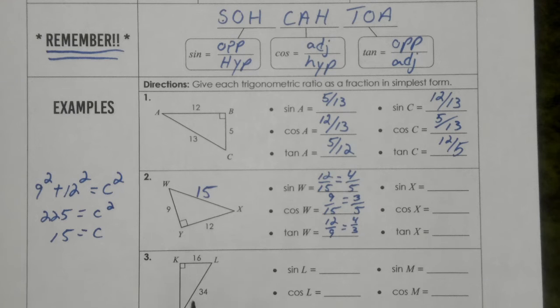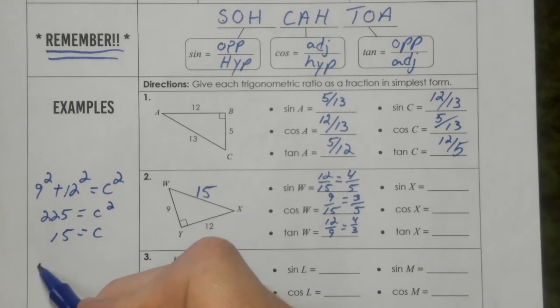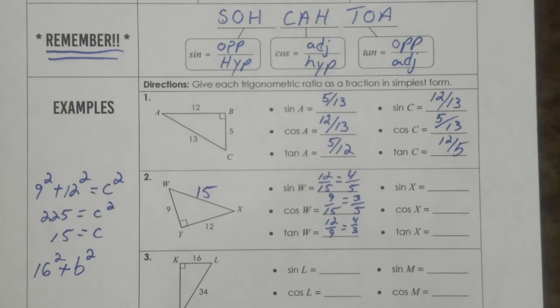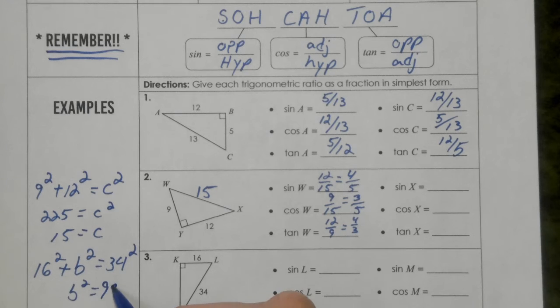Notice here, I'll just get you started. Pythagorean theorem would be 16 squared plus b squared, we're missing a leg, equals 34 squared. When we evaluate that, we'll have to square this and subtract from both sides. You get b squared is 900. And when you take the square root of both sides, b is 30.